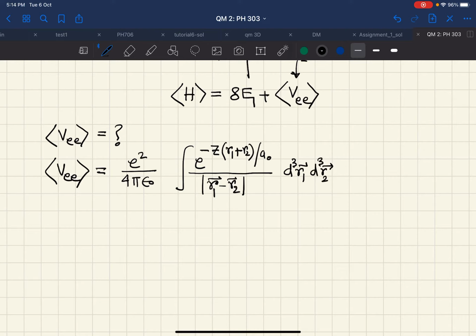And of course, when we had written this wave function already, we also have to put this (Z cube by pi a0 cube) whole square.